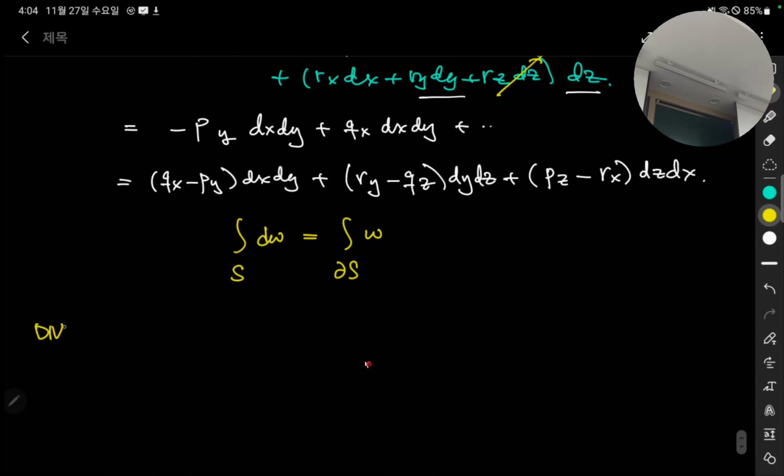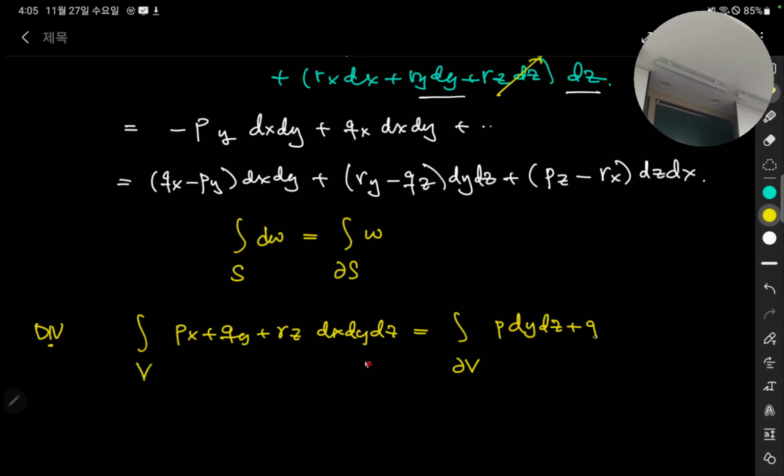So the divergence theorem says integration over the volume of px plus qy plus rz dx dy dz is the same as integration over the boundary of that volume of p dy dz plus q dz dx plus r dx dy.